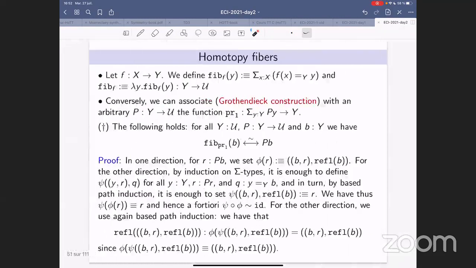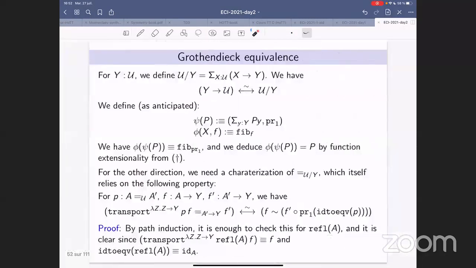These two transformations, one that maps a function into y to a type family indexed by y, and conversely one that takes a type family indexed by y and turns it into a function into y, are organized in a way that yields an equivalence.